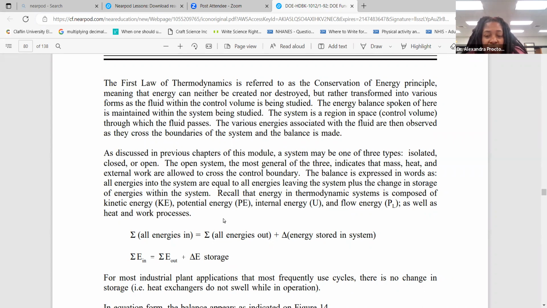The balance is expressed in words as all energies into the system are equal to all energies leaving the system, plus the change in storage of energies within the system. And so you recall, thermodynamic systems are composed of kinetic energy, potential energy, internal energy, flow energy, as well as heat and work processes. And so that was in the aforementioned chapters.